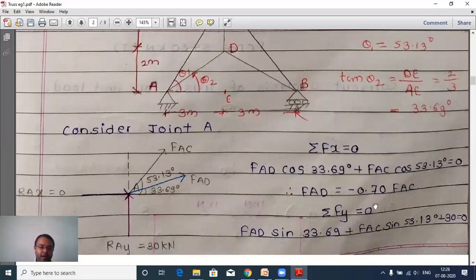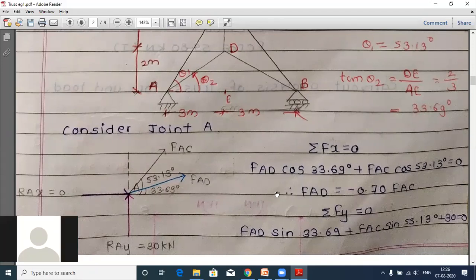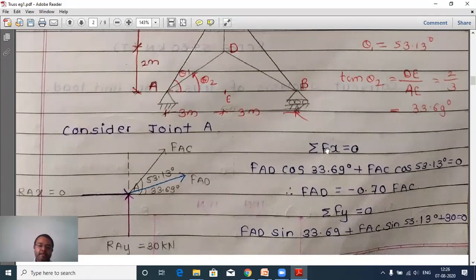You are not allowed to use summation of moment equal to 0.